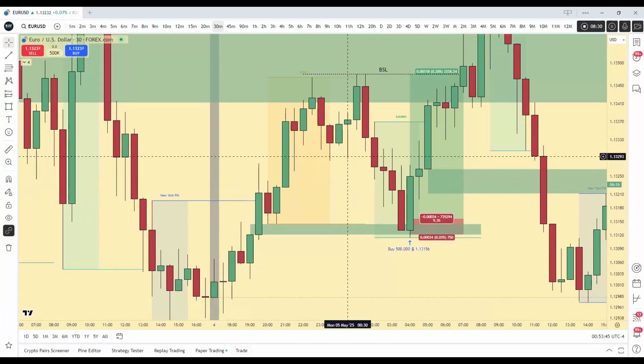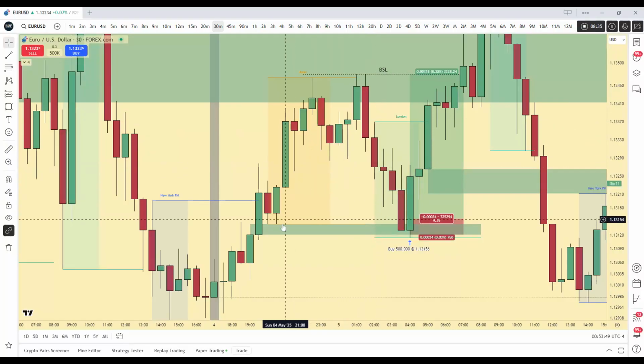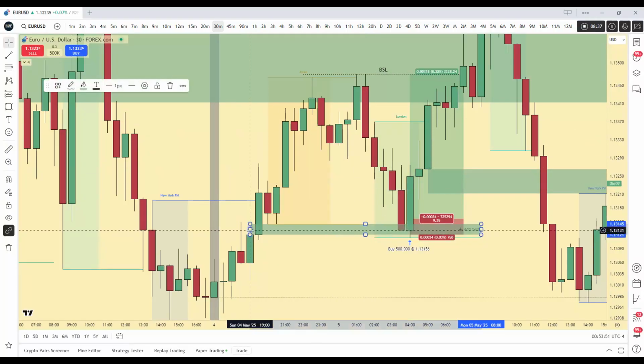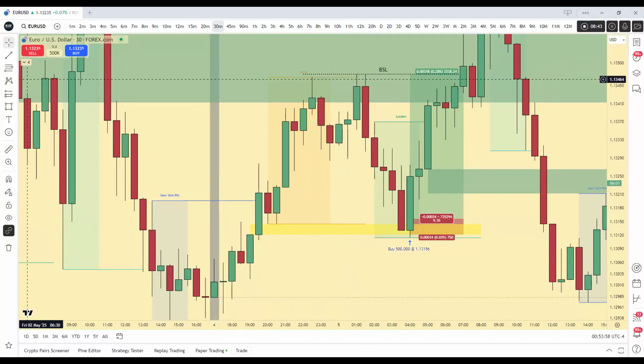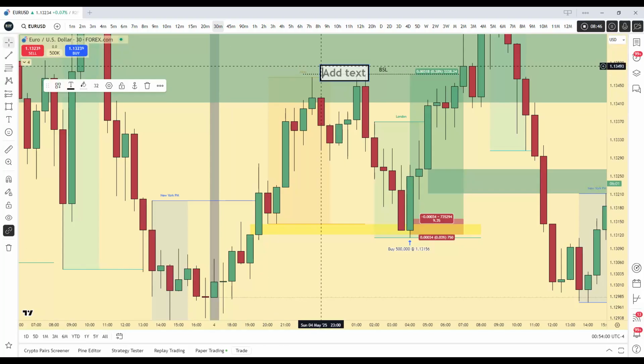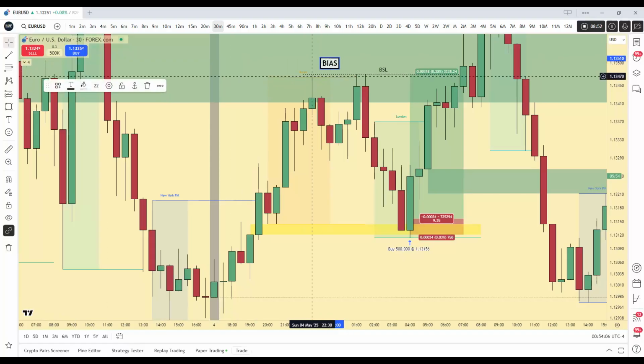Targeting these equal highs, I was waiting. At this point when price was here, I was waiting. So I had my narrative down here, my POI. Okay, put this in yellow. This is where I want to take a trade. Bias up here, above these equal highs. That's my bias.